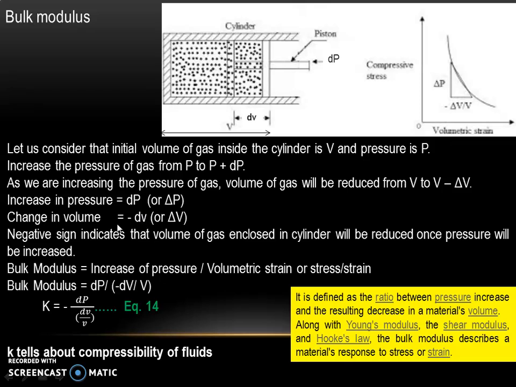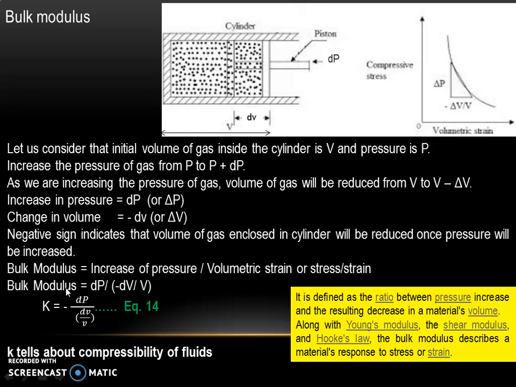This negative sign indicates that volume of gas is reduced due to increase in pressure, and bulk modulus is equal to the ratio of increase of pressure to volumetric strain, or it is also defined as stress by strain.